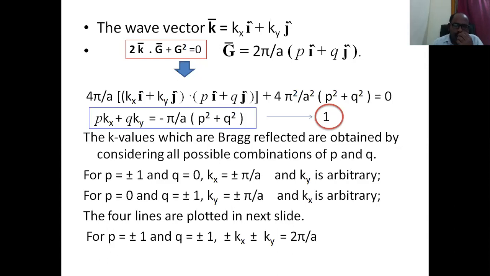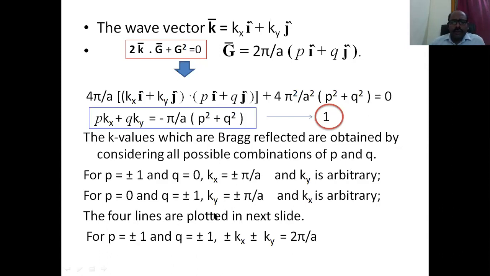Now we have four equations, or four values of k, and these equations represent lines. If we draw the graph in k space, we see these lines.